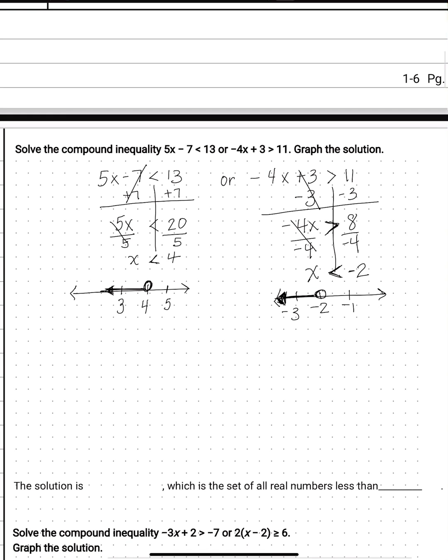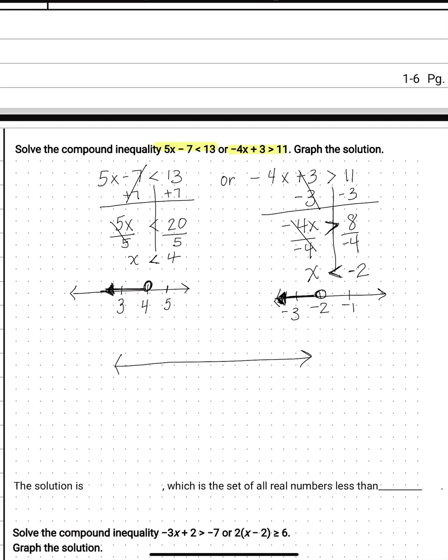Now, you might notice they're both pointing to the left. How would I represent that as a compound inequality on the same number line? So your solution has to be true for both inequalities. It has to be true for both.